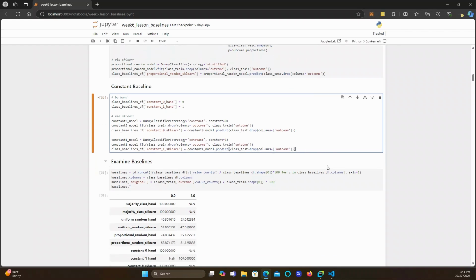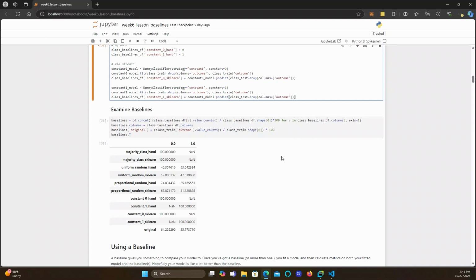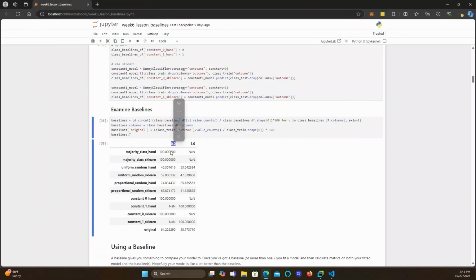And now we're looking at the baselines here. Right. This is our proportion of predicted zeros. So more people don't have diabetes than do have it. So 100% of our predictions from the majority class baselines are zeros. 100%.